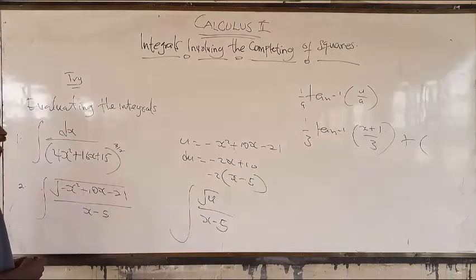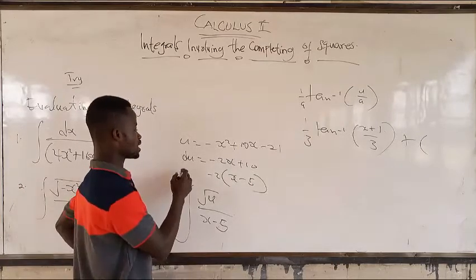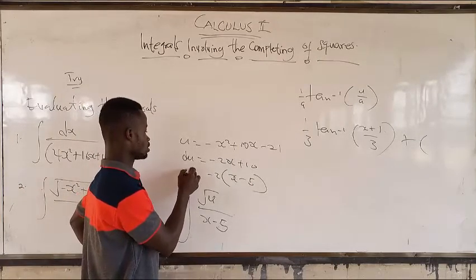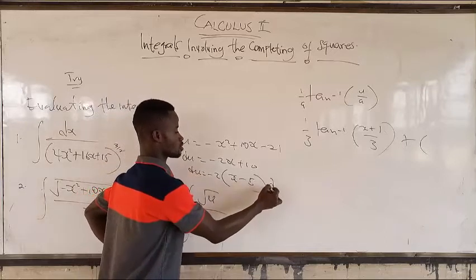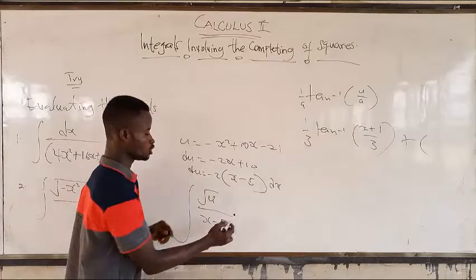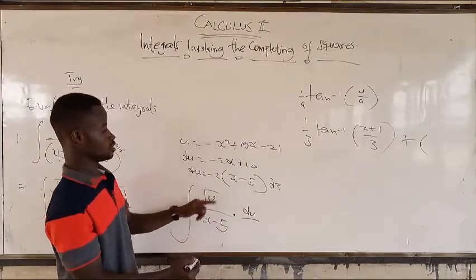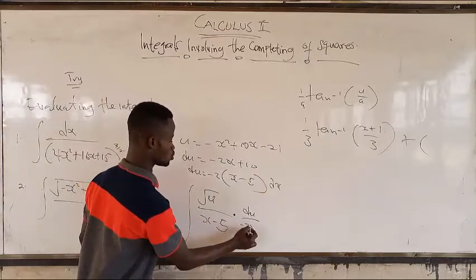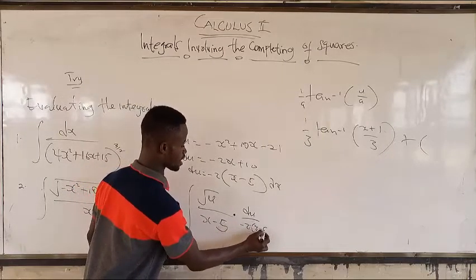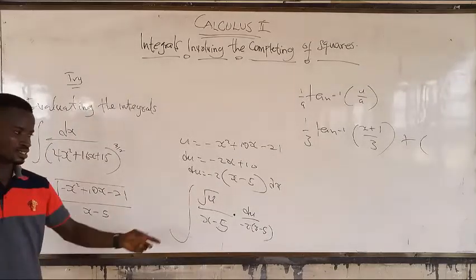Now let me bring the dx here. du is equal to dx times that, so what should be dx? dx should be du over negative 2 times x minus 5.